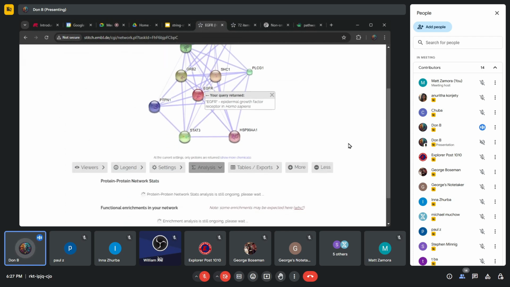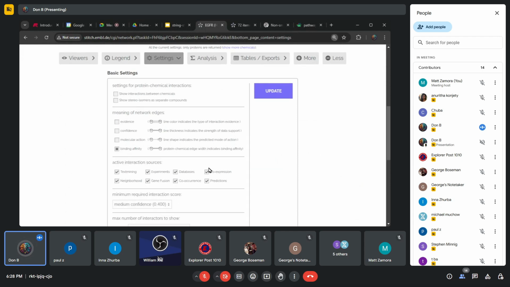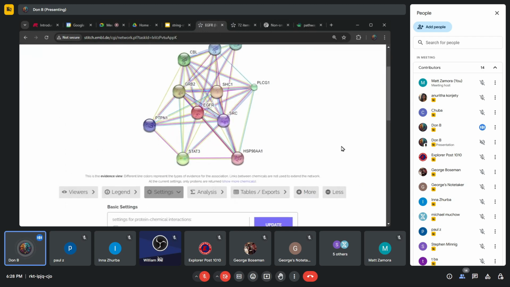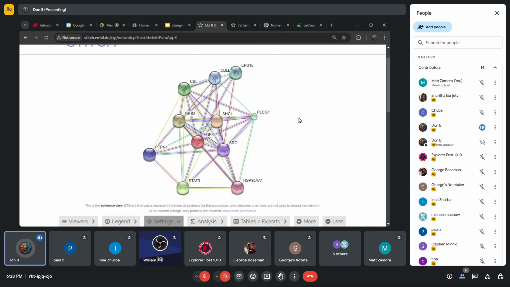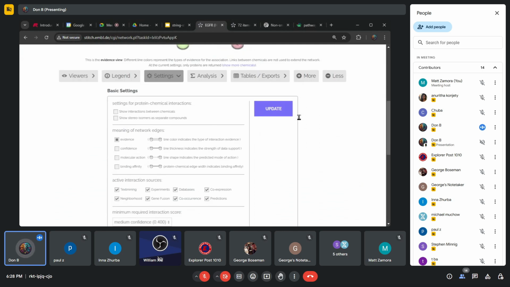And so currently, what I'm displaying here is that the relationship showing up in the graph is determined by binding affinity. You can also do something similar to the type of relationship I was using in STRING, which is based on evidence.